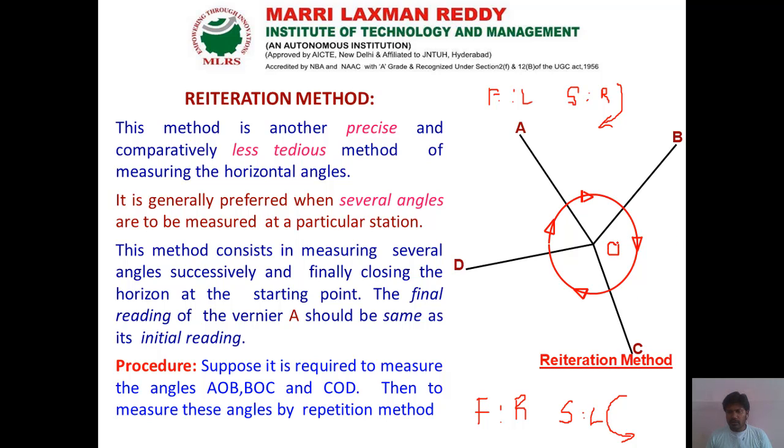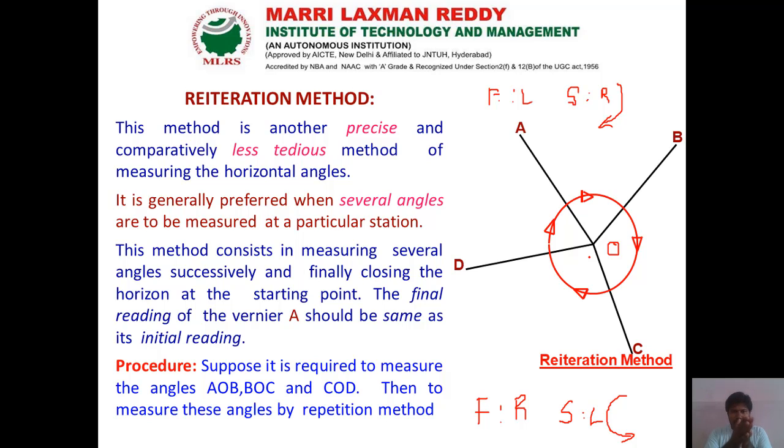First of all, we place the instrument at the center of the field and do all the temporary adjustments first, such as setting up and centering, leveling up, and elimination of parallax. After doing all these, our instrument center will be exactly over the station point O. Now we loosen the upper clamp as well as the lower clamp, so that we can rotate our instrument in any direction in the horizontal plane.